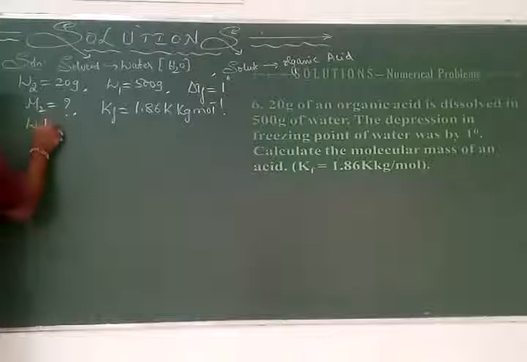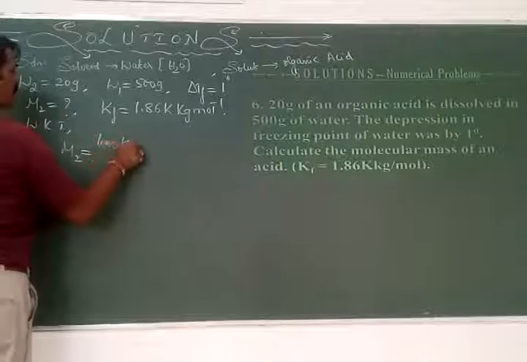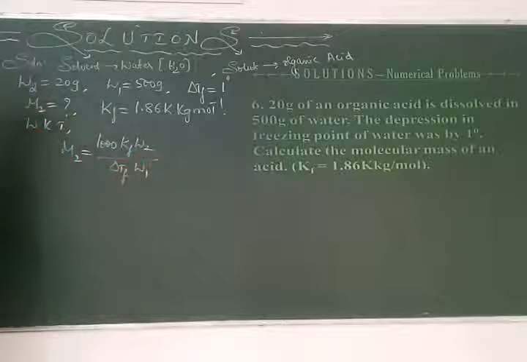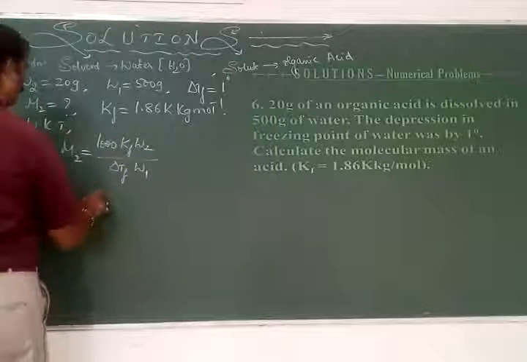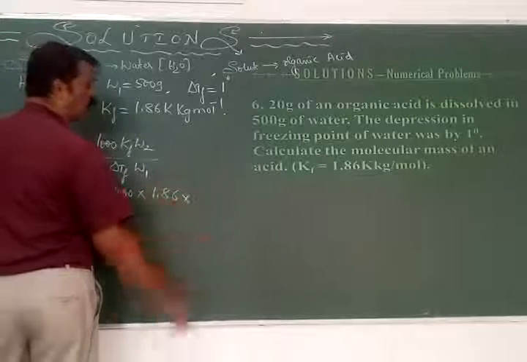We know the formula here. M2 is equal to 1000 Kf W2 divided by delta Tf into W1. That is equal to 1000 times the Kf, 1.86, into W2, the mass of the solute.